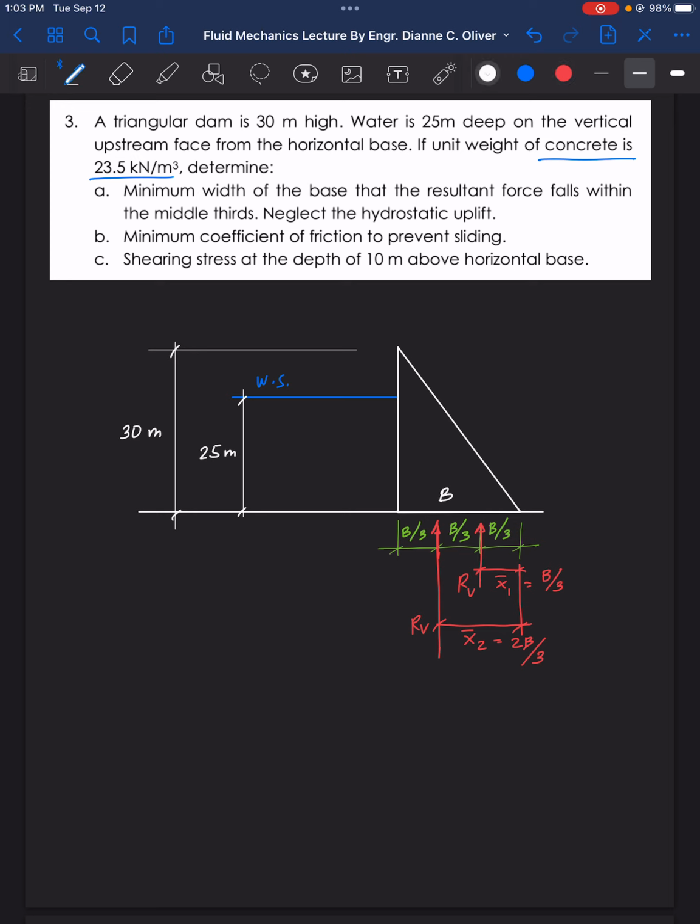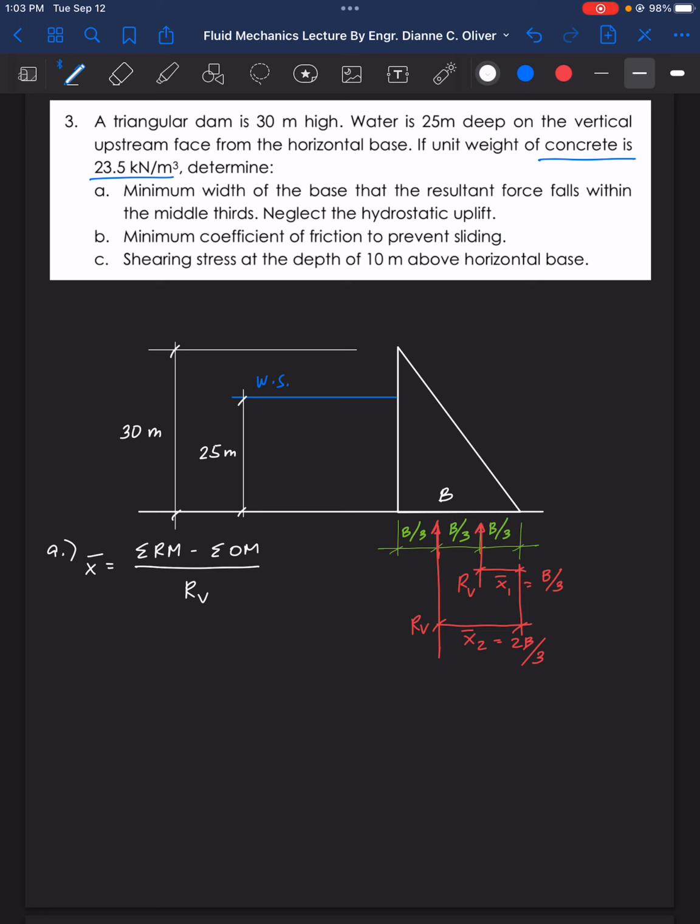Then we can compute X bar by the formula: summation of RM minus summation of OM, all over RV.